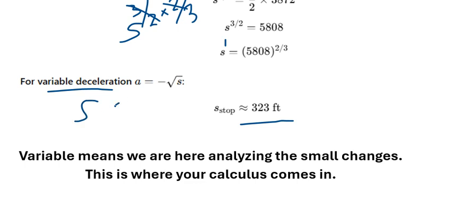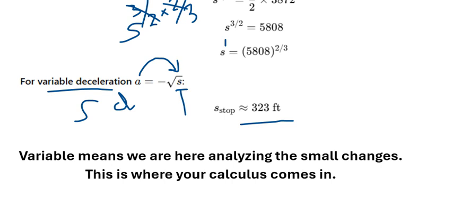That's why we use calculus, your integration and derivative. Because our acceleration is variable, meaning it depends on whatever this s is. So whatever the s is, we calculated, and that's 323 feet.